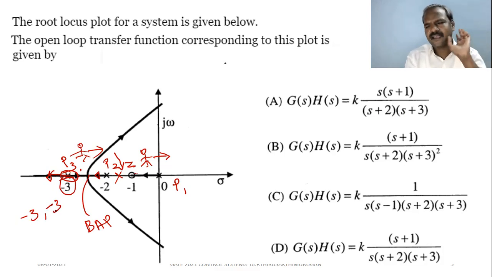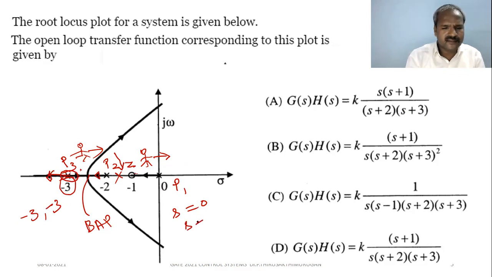Very simple identification. P1 is 0, so S equal to 0. Then the zero is at -1, so S plus 1 in the numerator.